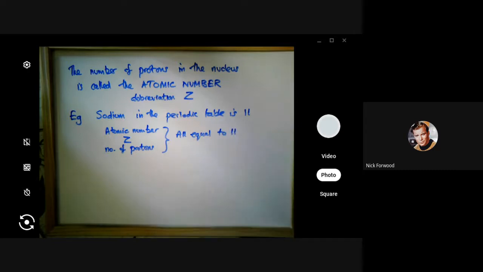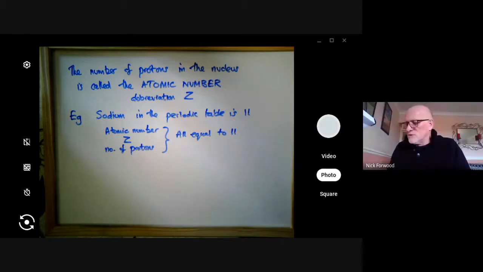And this is true for any element that you look up in the periodic table. If it's got a certain number, that tells you what this thing called the atomic number is. It tells you what the Z or proton number is, which is obviously also equal to the number of protons. Now, what else is there in the nucleus? Obviously, in the nucleus, we also have neutrons.